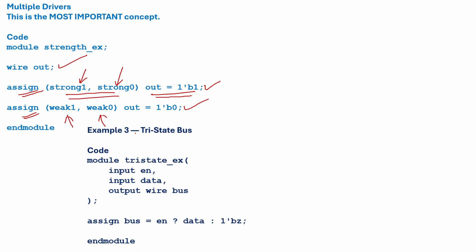It drives three values: a condition, a true value and a false value. It goes to the high impedance state when no one is driving the interface. Having no one driving the interface is a problem, and too many drivers driving the interface at the same time is also a problem.